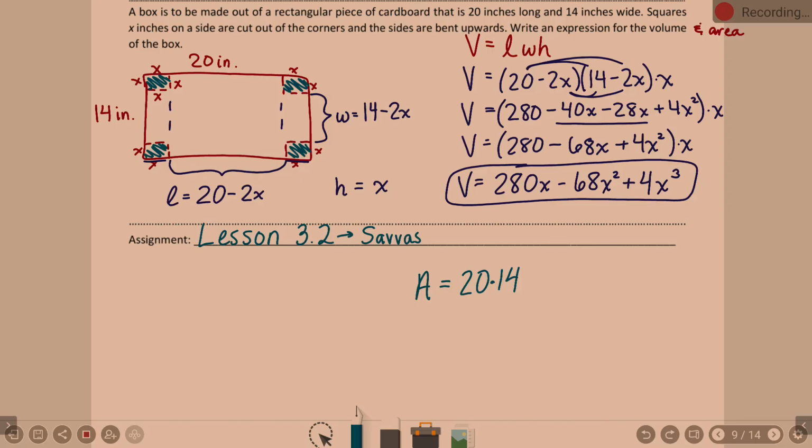Now, that entire cardboard almost makes my box. What do we have to do to make the box? We have to take out what? The 4 corners? How do I take out those 4 corners here in my expression? Minus 4x. Minus 4, not just x though, x squared, because we're taking out each of these corners, which are x by x.